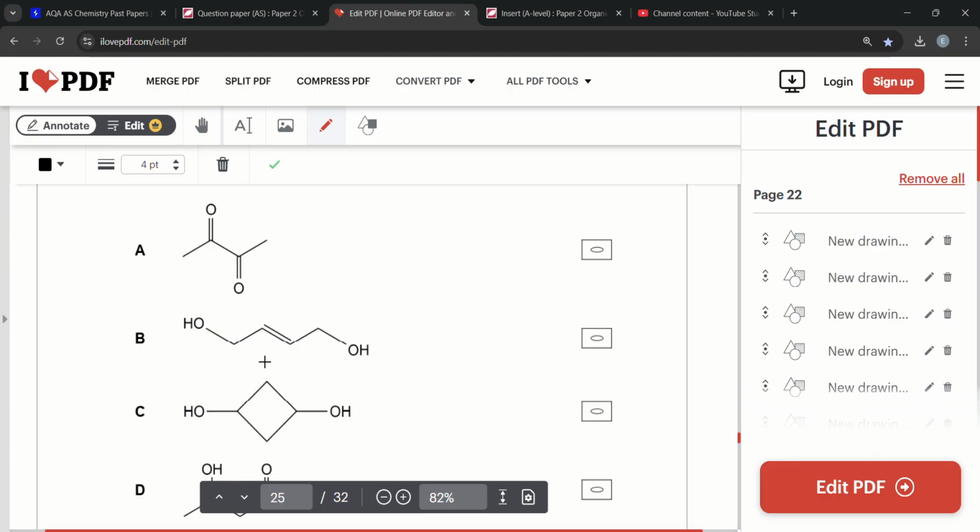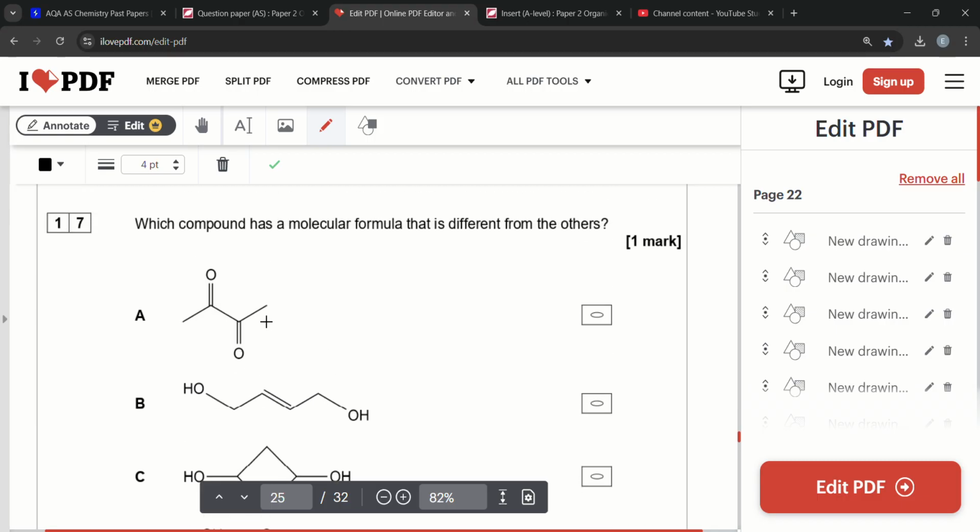Well, for this one, they've all got 4 carbons, so we can't really rule that out.